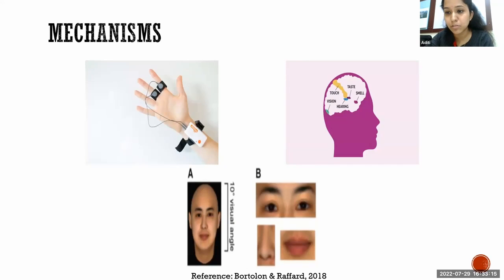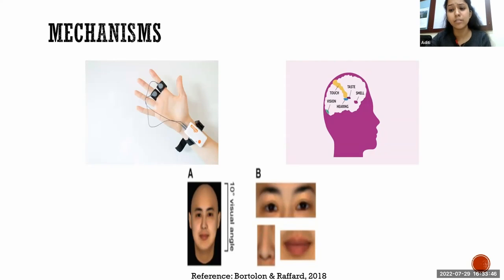The mechanisms behind the self-face advantage may include increased emotional arousal, implicit positive attitude towards the self, dual encoding, that is configural and featural processing of self-face, multisensory information integration, integrative self-hypothesis, and the dopamine reward pathway. Another mechanism proposed in the literature is the automatic capture of attention by self-face.